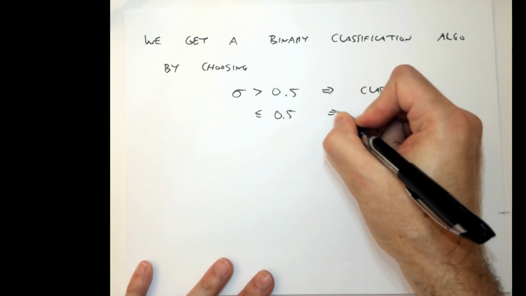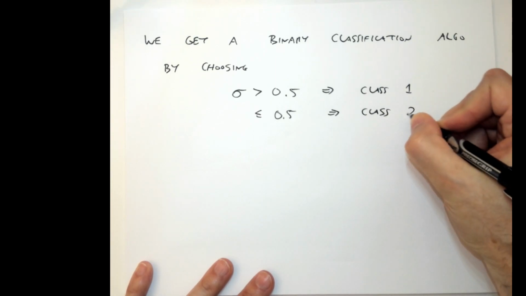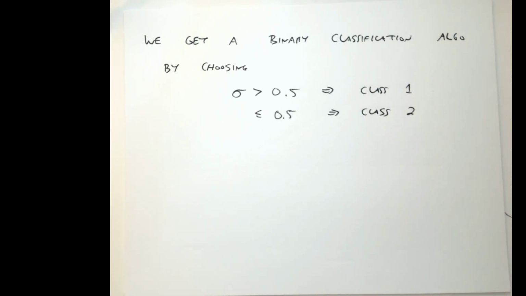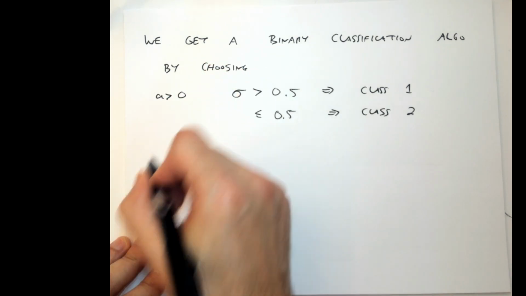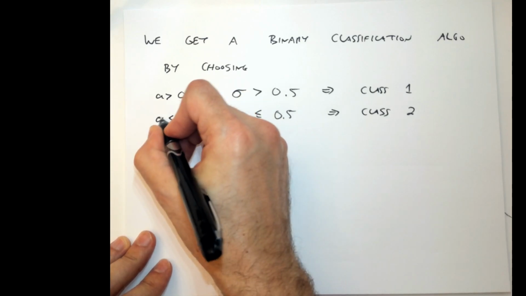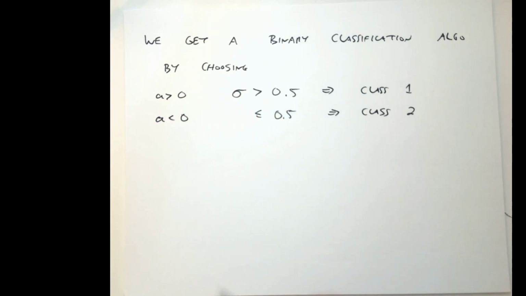Otherwise, I choose class 2. Which is kind of like the equivalent of saying, if this function A is greater than 0, do this. Otherwise, do that, right? So I can think about it in terms of A, or in terms of sigma. And so this is all just rewriting Bayesian decision theory in a slightly different way, with this sigma instead of with the original, actual values for the probabilities.